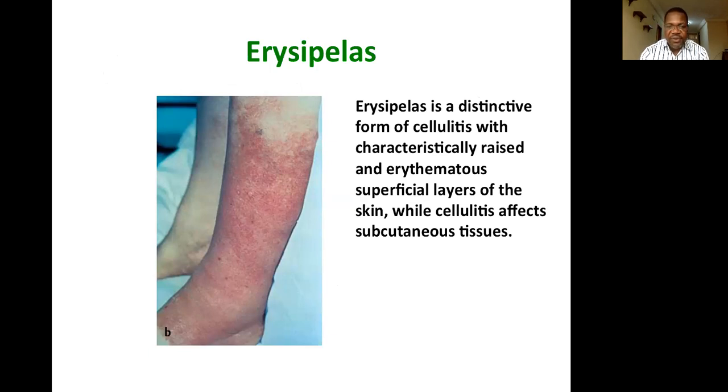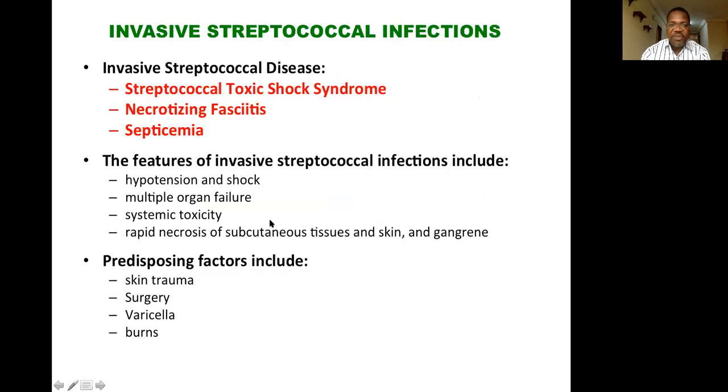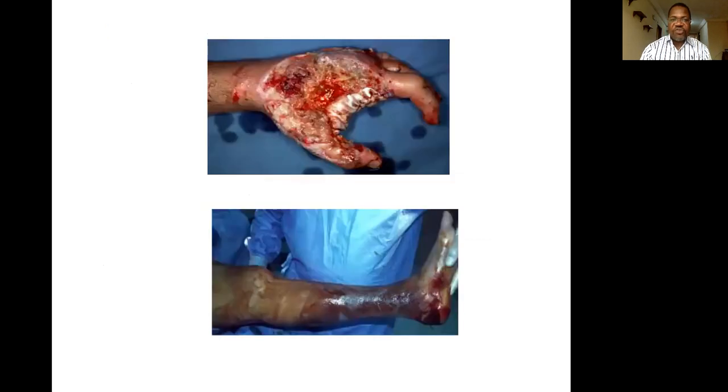Now, Streptococcus pyogenes can also cause other, much more invasive streptococcal disease like streptococcal toxic shock syndrome or necrotizing fasciitis, which will lead to septicemia and septic shock.